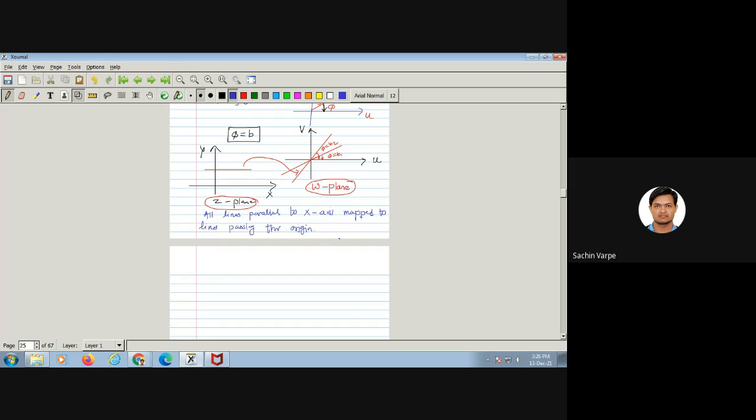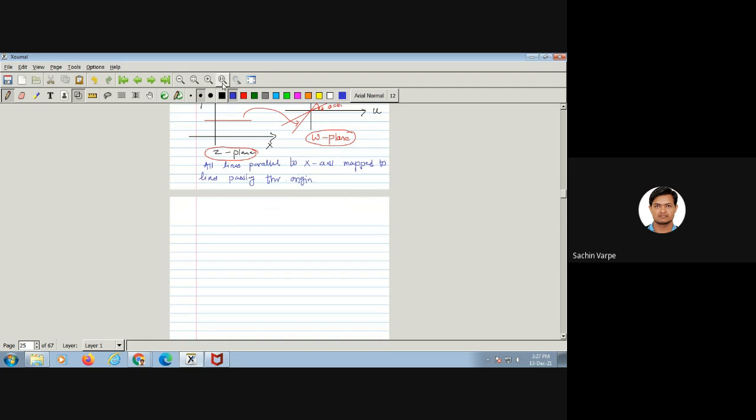Okay. Now let us combine these two, because we started with x equal to a and y equal to b. What were x equal to a and y equal to b in the z plane? They represent straight lines in the z plane which are perpendicular to each other.